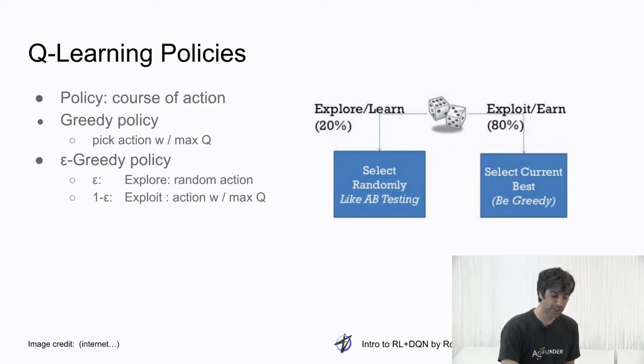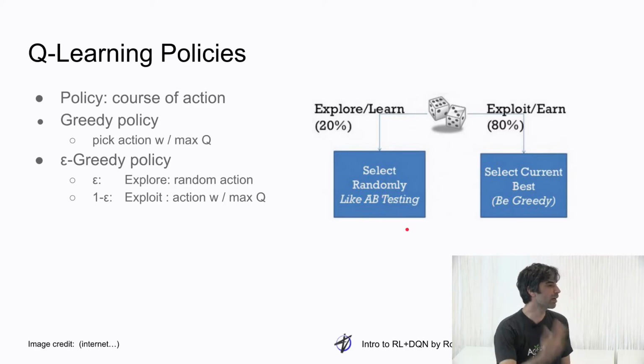So epsilon greedy is a simple policy where, every time, with a random probability, you either do the usual thing, which is called greedy, greedy meaning pick the best, or if you roll the dice a certain way, you pick a random action.